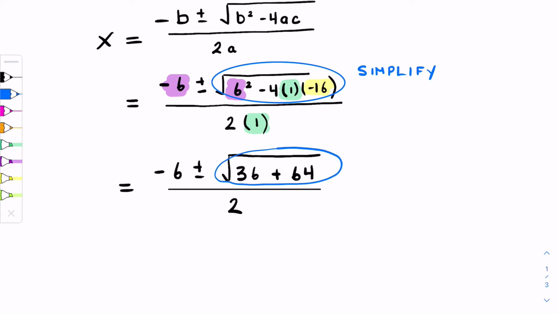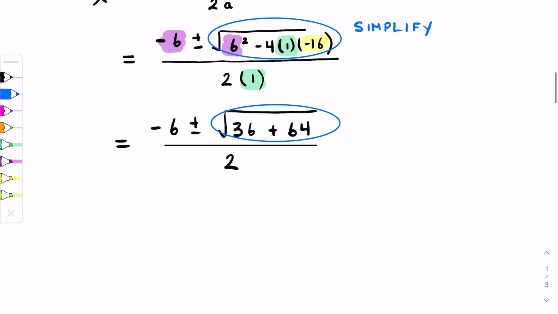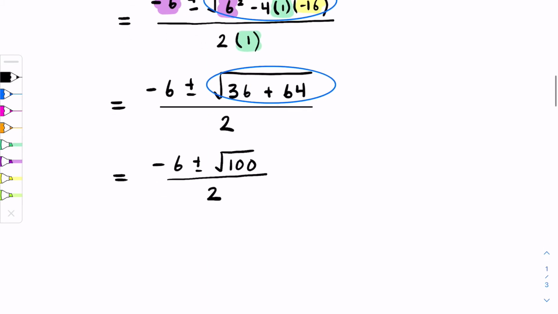I'm still simplifying what's underneath the square root sign: 36 plus 64. Negative 6 plus or minus the square root of 100, divided by 2. The square root of 100 is 10. Negative 6 plus or minus 10, divided by 2.